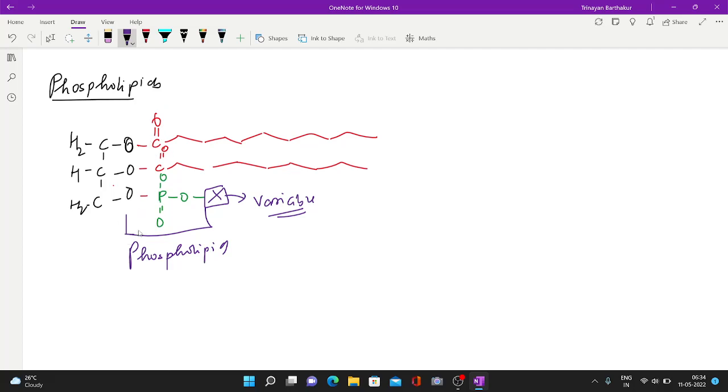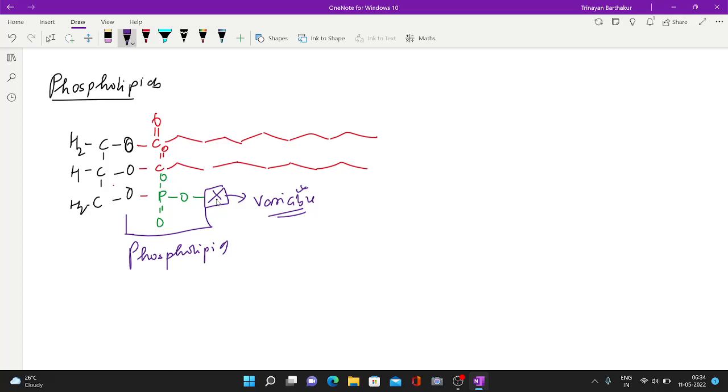Now what I mean by this variable is that, just like the R group in amino acids, the value of X is going to govern the name of the phospholipid. Depending upon what the value of X is, you're going to get different types of phospholipids.